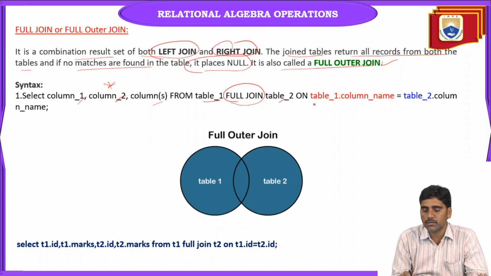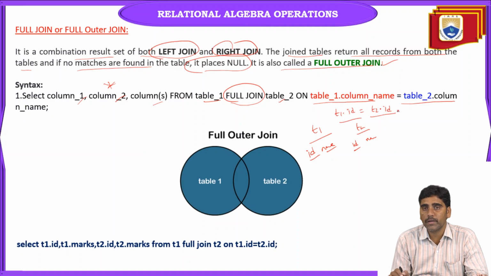The condition is table 1.column_name equals table 2.column_name. Suppose table 1 contains ID, name, and similarly table 2 contains ID, name. So here the condition is t1.id equals t2.id. So the condition applies here.